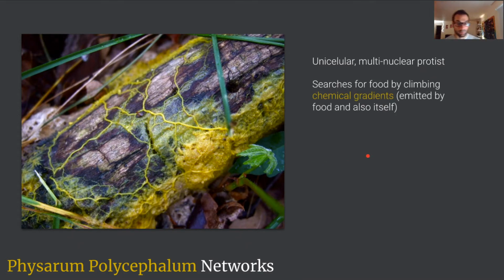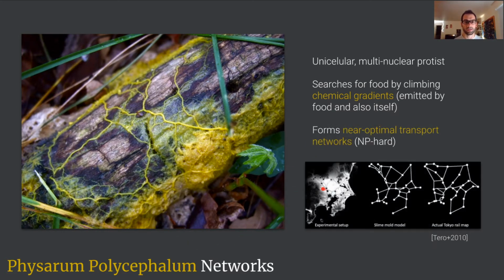It searches for food in its environment by climbing chemical gradients of the so-called chemoattractants that are emitted by food and also by the organism itself. By doing so, it forms tubes interconnecting all the food sources. These networks are near optimal approximations of optimal transport networks, and numerous studies show even similarity to man-made transport networks.